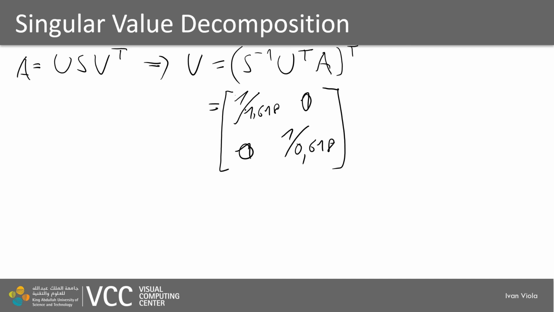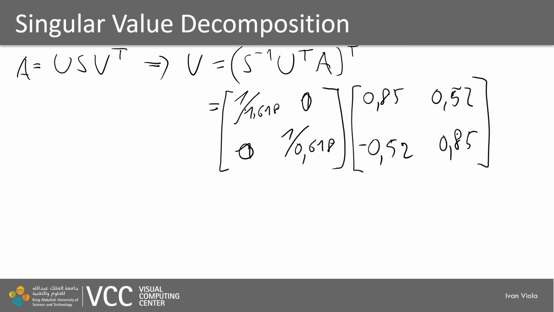And then our other matrix, the U transpose, will be 0.85 approximately, 0.52 approximately, 0.52, and 0.85. Remember, these are the Q1 and Q2 vectors, but they are transposed. The 0.52 was previously in the second row, first column.